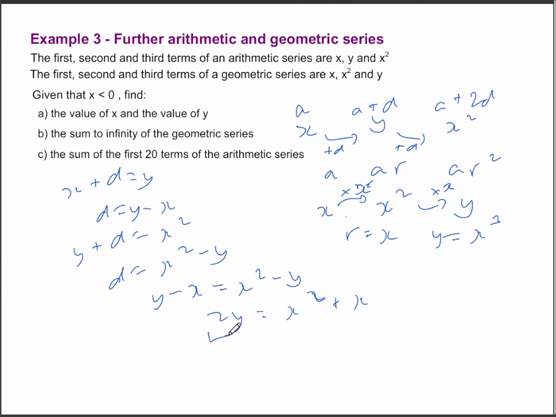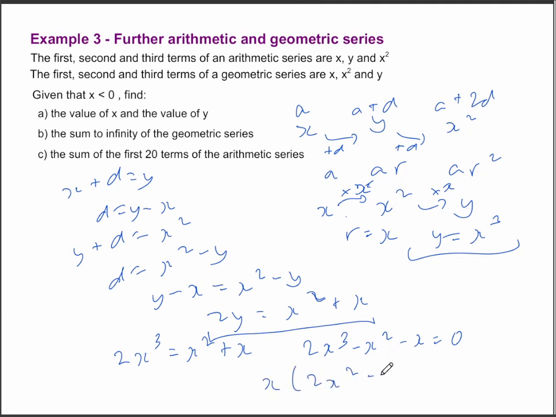Then we have two equations right here, and we can solve them simultaneously. So 2x cubed equals x squared plus x. We can rewrite this as 2x cubed minus x squared minus x equals 0. This is a cubic equation which you haven't learned how to solve yet, so what we can do here is just factorize. x times 2x squared minus x minus 1 equals 0.